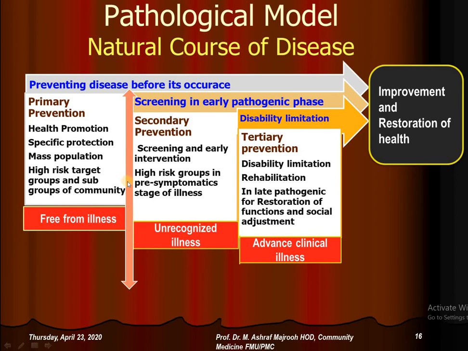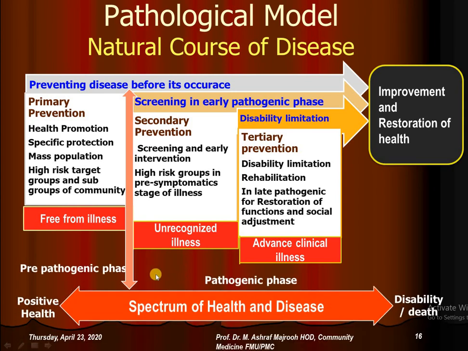Then here is the demarcation between the pathogenic and pre-pathogenic phase, as has already been explained. This intervention, primary prevention, falls in the pre-pathogenic phase, and the objective in the health spectrum is to lead towards positive health. This is the pathogenic phase of the spectrum, and these two interventions fall in the pathogenic phase.